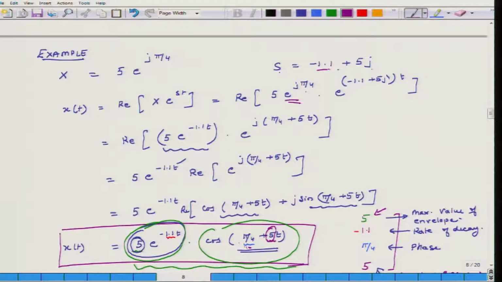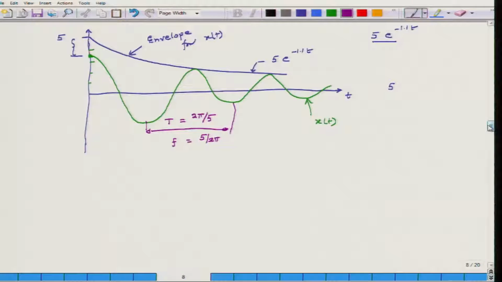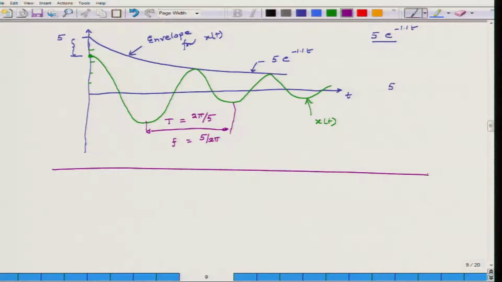The real part of the complex frequency is the rate of decay, and the imaginary part corresponds to the angular frequency of the system, and from that we can calculate the frequency and the time period of the system. So, this is what the complex time signal is all about. Okay. This is the meaning of complex time signal.